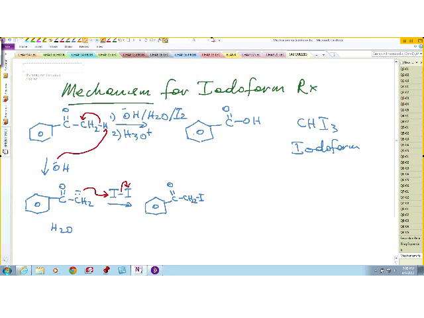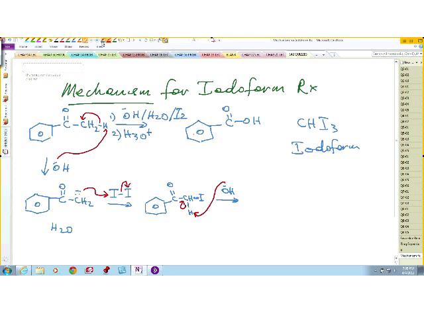Now, what do you think is going to happen next? We have hydroxide in solution. I know that hydroxide comes, right? Okay, very good. So the hydroxide comes. Another acid-base reaction comes to pull this here, releasing a pair of electrons to that carbon.